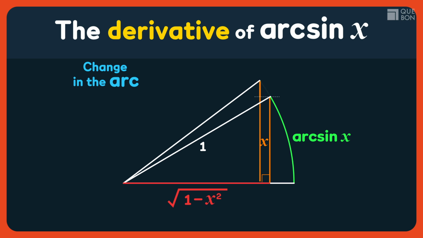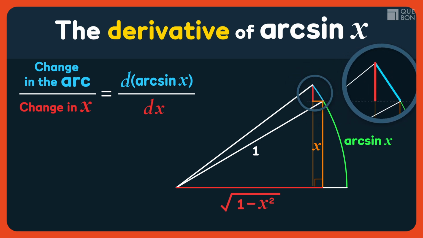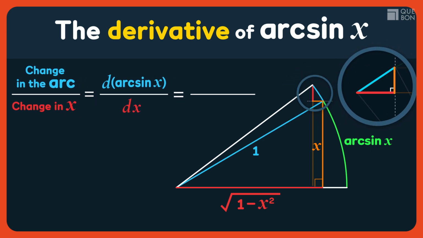The change of the arc compared to the change of x. Instantaneous change, d arcsine x over dx. That's 1 over the square root of 1 minus x squared.